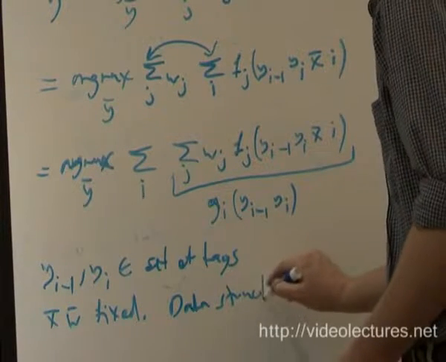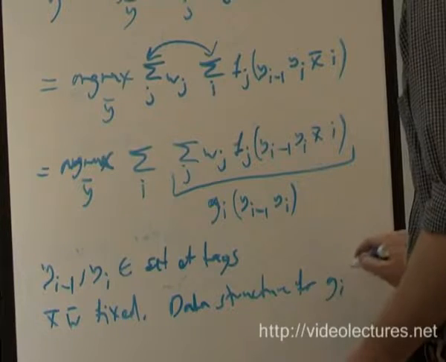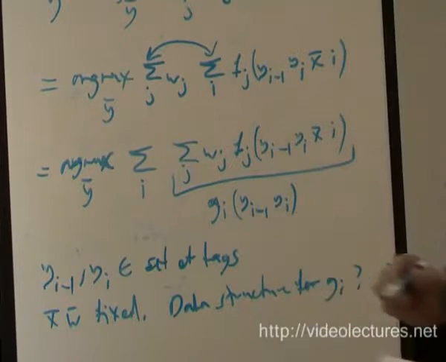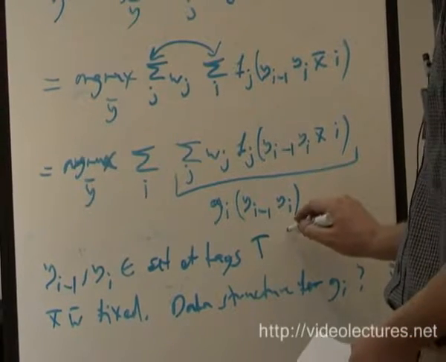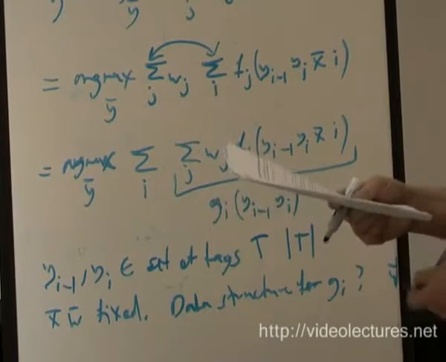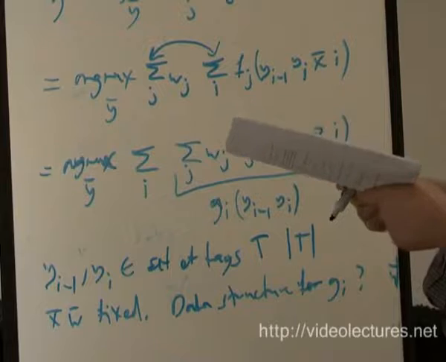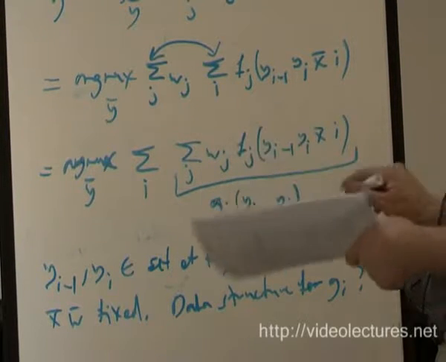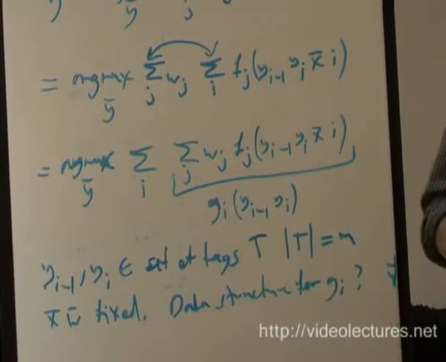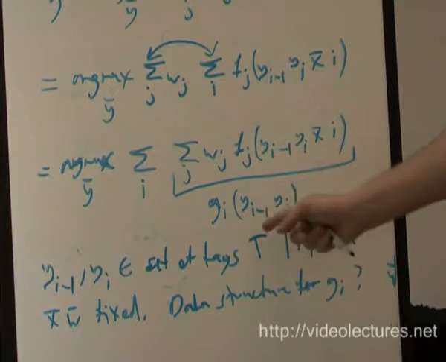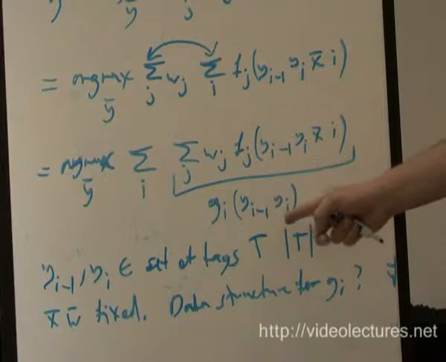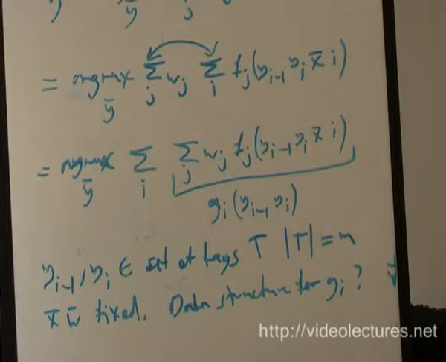The set of tags, maybe I'll call this set T with cardinality M. So M is the number of different tags, 2 for hyphenation, 20 for part of speech. And I have a function gi, and I'm going to need to evaluate it for every possible combination of values yi minus 1, yi. And then I'm going to need to store this function. So what data structure could I use to store this function?